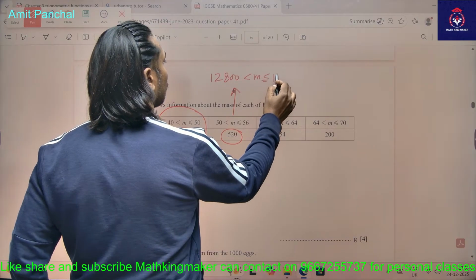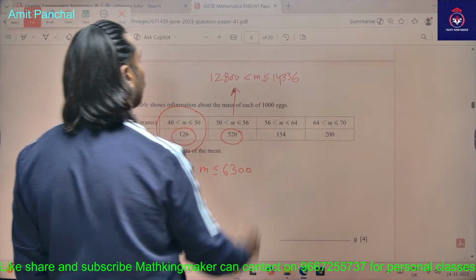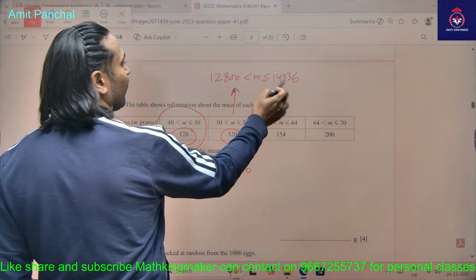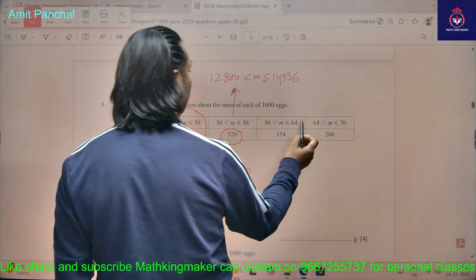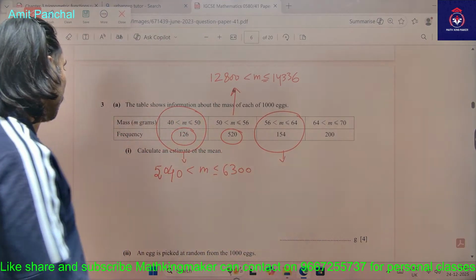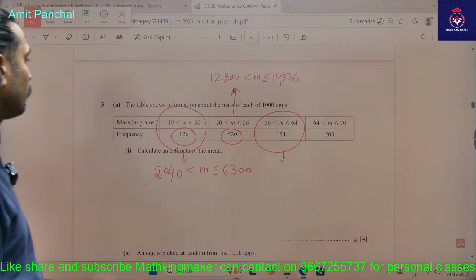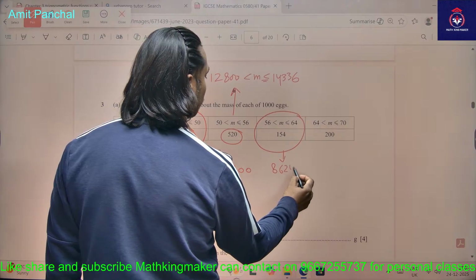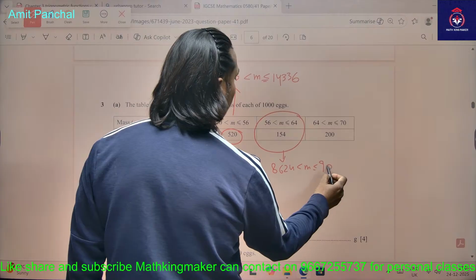So that may be the minimum mass and that is the maximum mass. And for this one, similarly, you can calculate. 9,856.